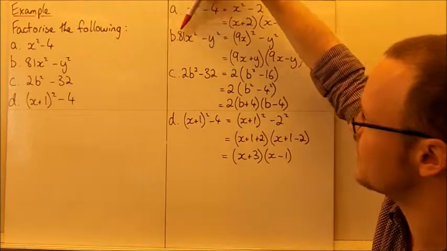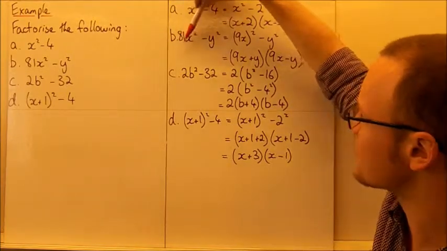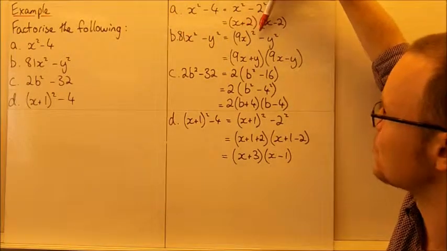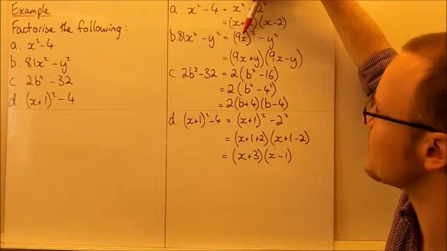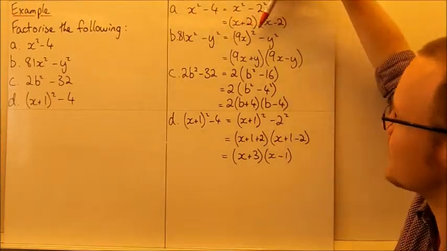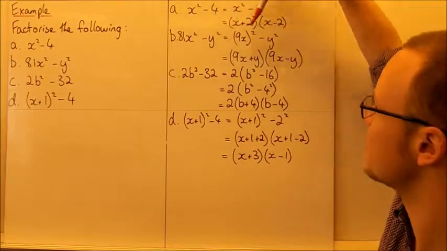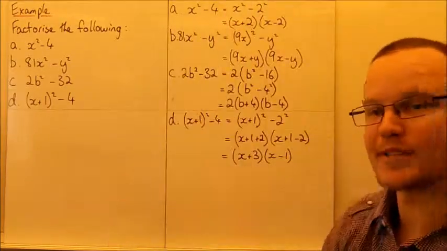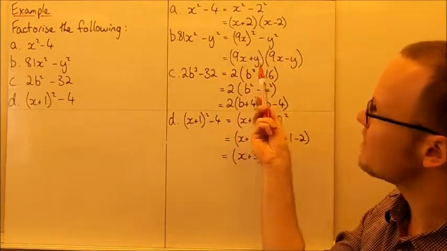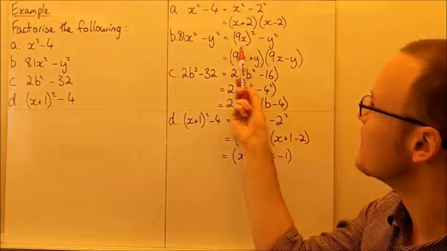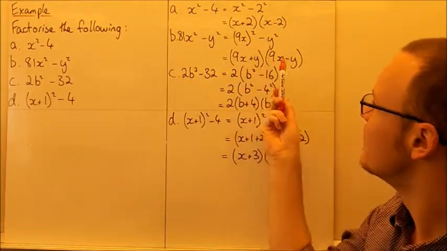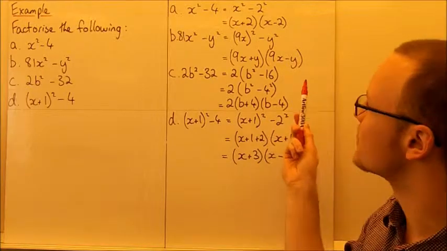So this first term here, as a perfect square, is 9x all squared, because 9 times 9 is 81, and x times x is x squared. And y squared is its own perfect square there. So the factorised form is going to be 9x plus y times 9x minus y.